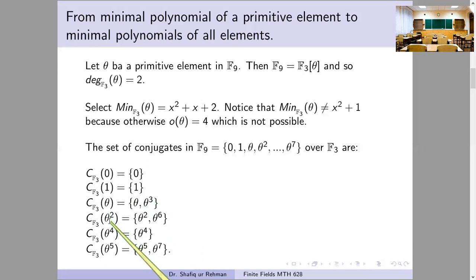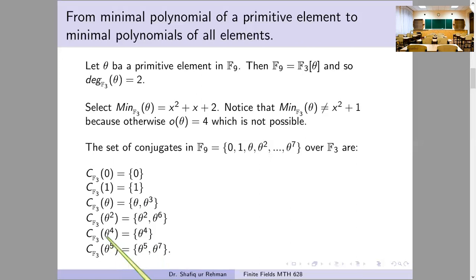Then how to find the conjugates of theta square? We write all the conjugates by the same method. We write theta square, and then theta square power 3 equals theta power 6, and after that we will get repetition, so we stop here.